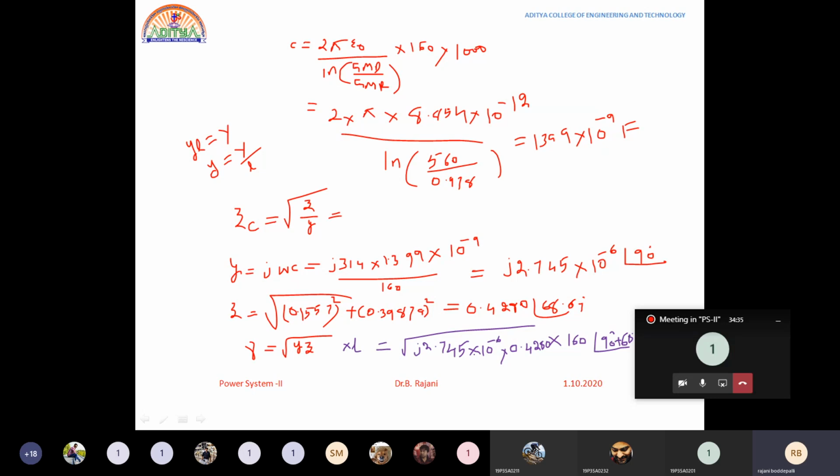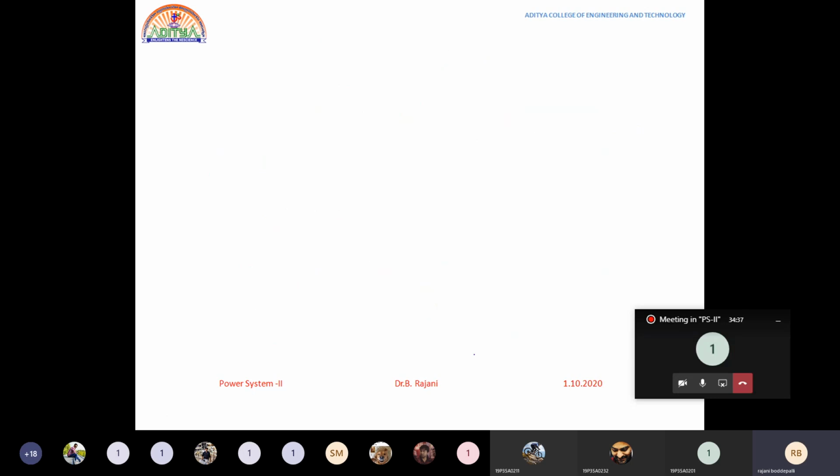On simplification I'll be getting the value of gamma. Gamma is equal to 0.032 plus j 0.17.